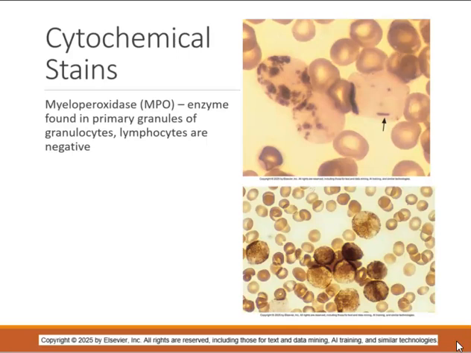Myeloperoxidase, remember, is the enzyme that is part of the primary granules of granulocytes, usually. In lymphocytes, it's extremely rare. You can see pictures here of positive myeloperoxidase. In the staining, you see the granules or the enzymes being seen. The color depends on what test method you're using, but this one uses brown to show myeloperoxidase.